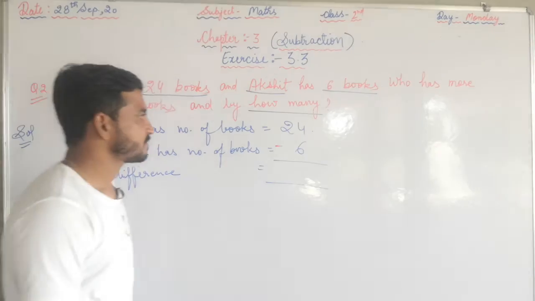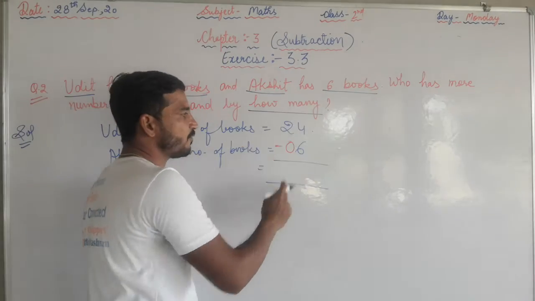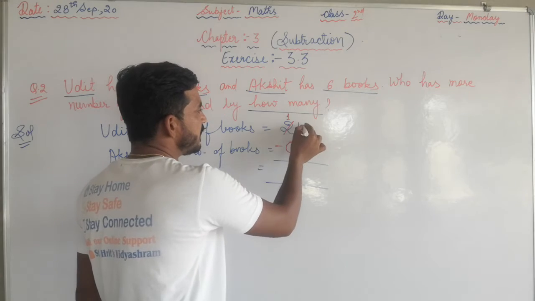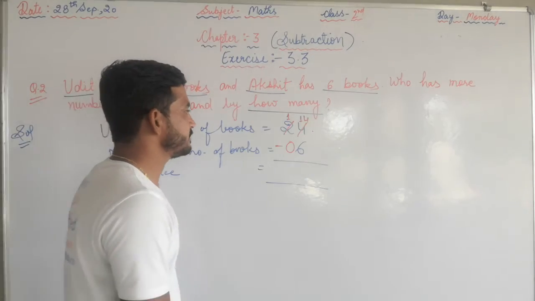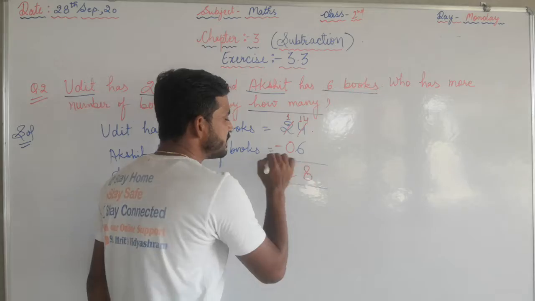Now see here, we can't subtract 6 from 4, so we have to borrow 10 from the next number. Here it becomes 1 and here it becomes 14. Now you have to subtract 6 from 14, which is 8, and 1 minus 0 is 1.